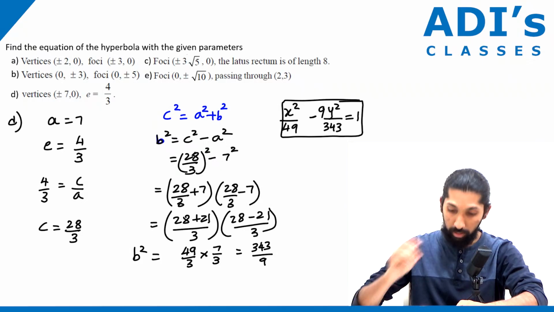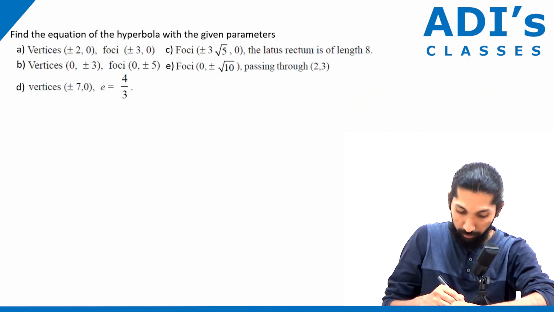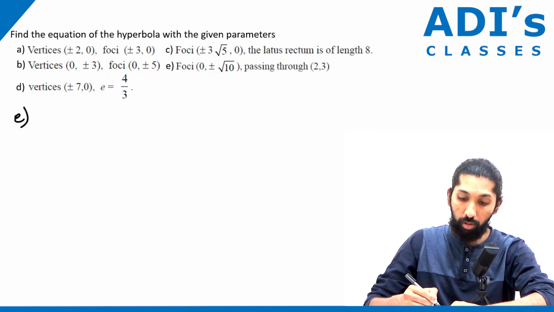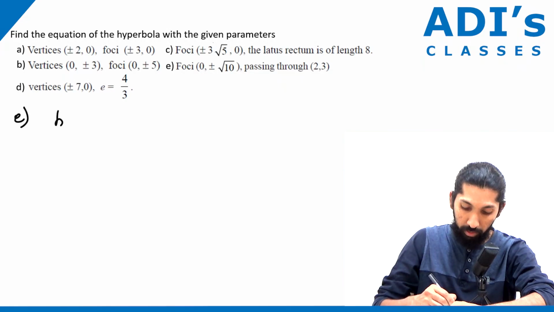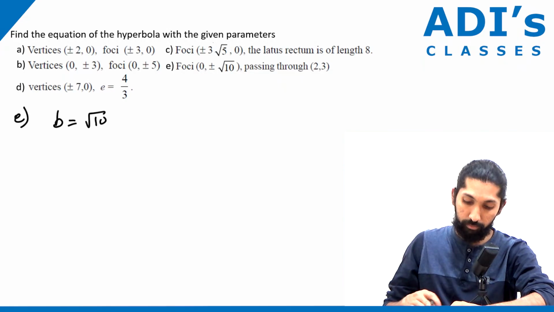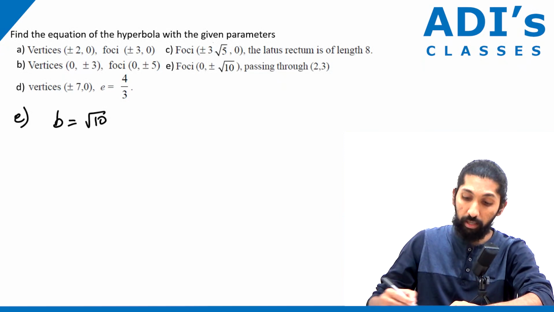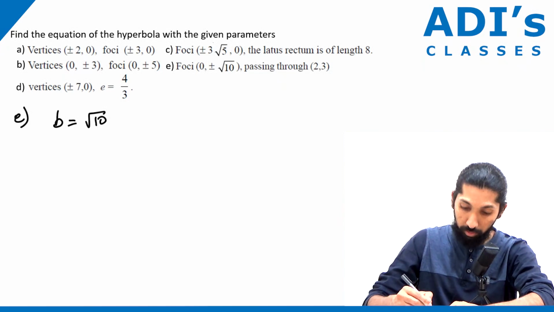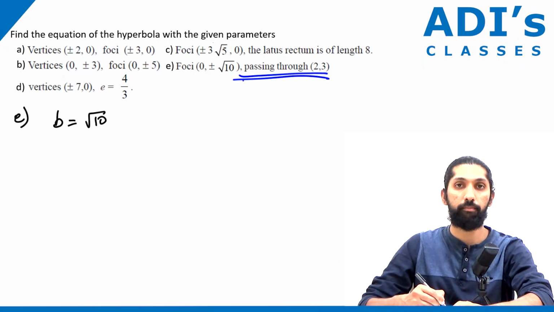Fair enough. Now let's do the last one, the fifth one. See the fifth one? You have the foci as 0 comma plus or minus root of 10. Root 10, correct? That means b value is going to be root of 10. Now they're saying that the hyperbola is passing through 2 comma 3.